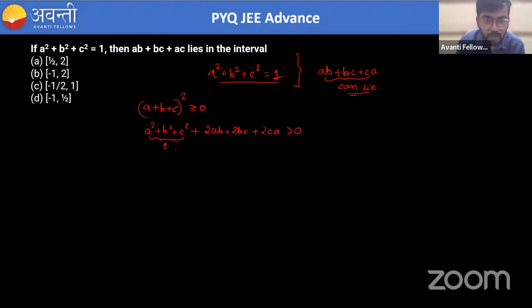This value is given to us as 1. So can I write it as like this? 2 times of AB plus BC plus CA is greater than or equal to minus 1. And AB plus BC plus CA will be greater than or equal to minus half.